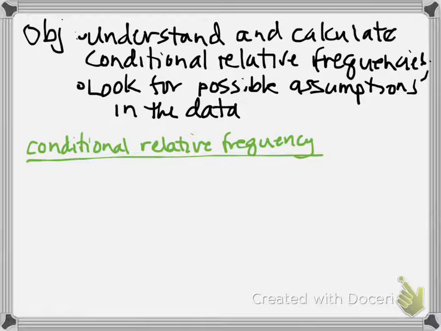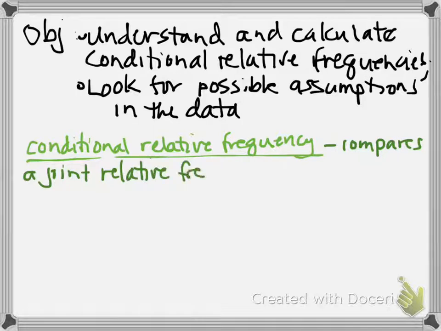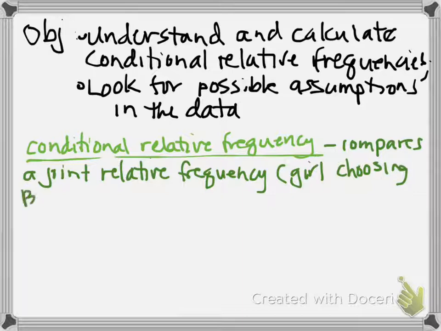So conditional relative frequency compares a joint relative frequency, so, girl choosing basketball, to a condition related to that.